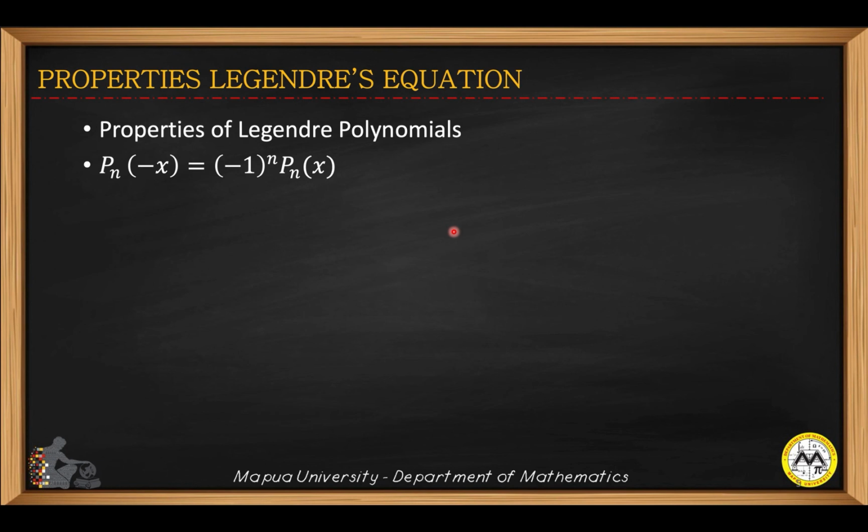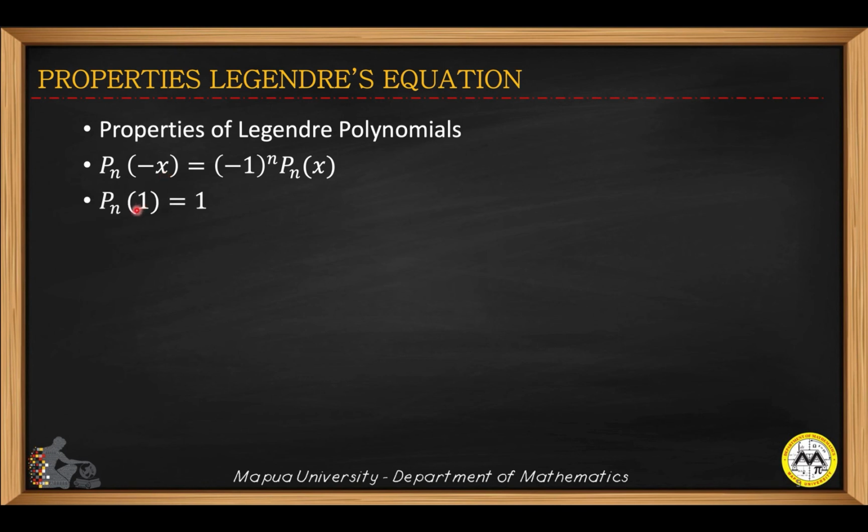These are some of the properties of Legendre polynomials. If we apply negative x to any P sub n, that is equal to -1 raised to n times P sub n evaluated at x.